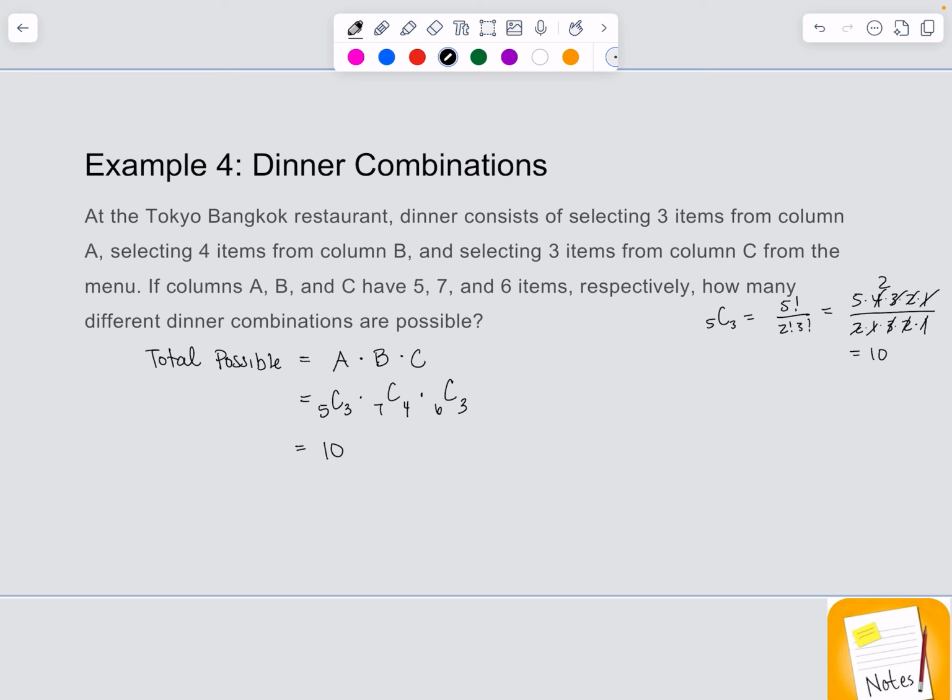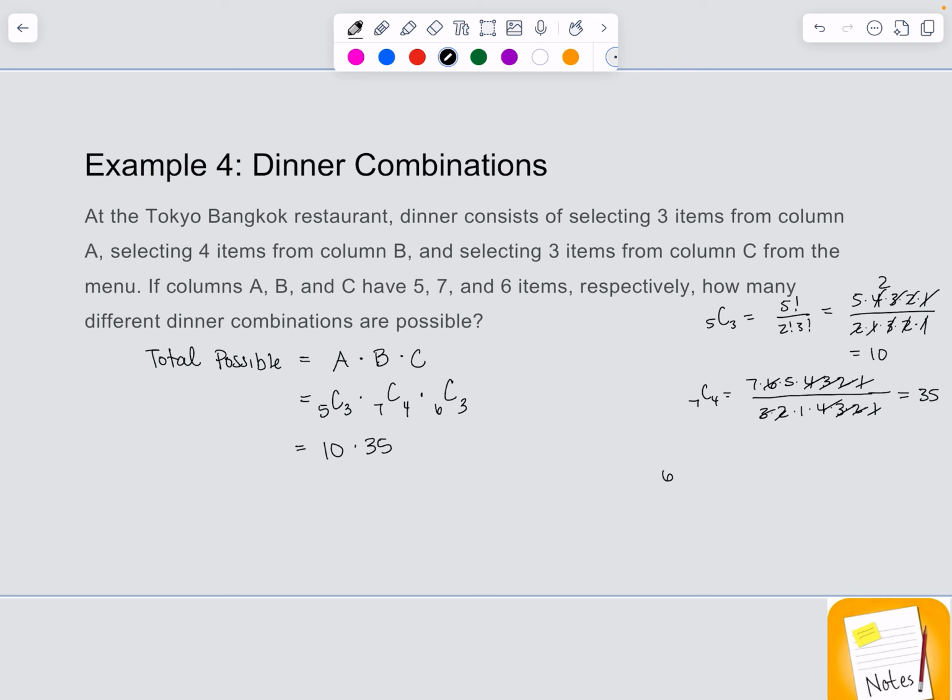And then we have 7 choose 4. 3 times 2 is 6. 7 times 5 is 35.